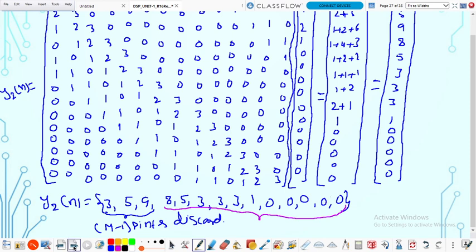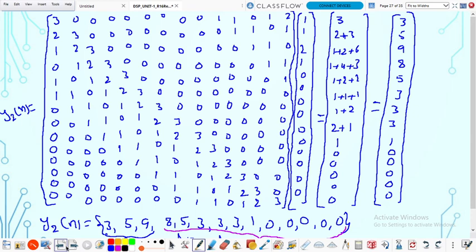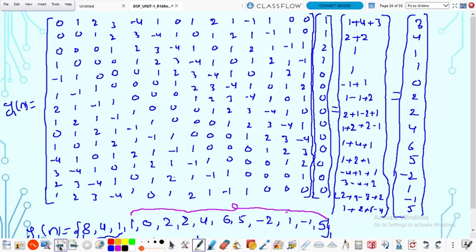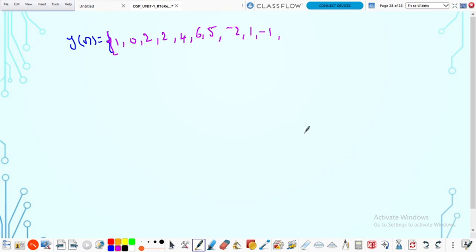So therefore the final output sequence y of n is equal to 1, 0, 2, 2, 4, 6, 5, -2, 1, -1, 5, 8, 5, 3, 3, 3, 1, 0, 0, 0, and 5 zeros.